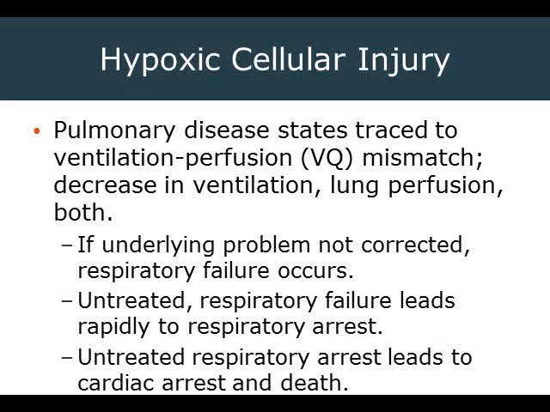So when we say a decrease in ventilation, lung perfusion, or both, ventilation is the process of moving air in and out. Lung perfusion is the ability to move blood around those alveoli to do the gas exchange. A primary example that comes up when we talk about ventilatory perfusion mismatch is a pulmonary embolus or pulmonary emboli.